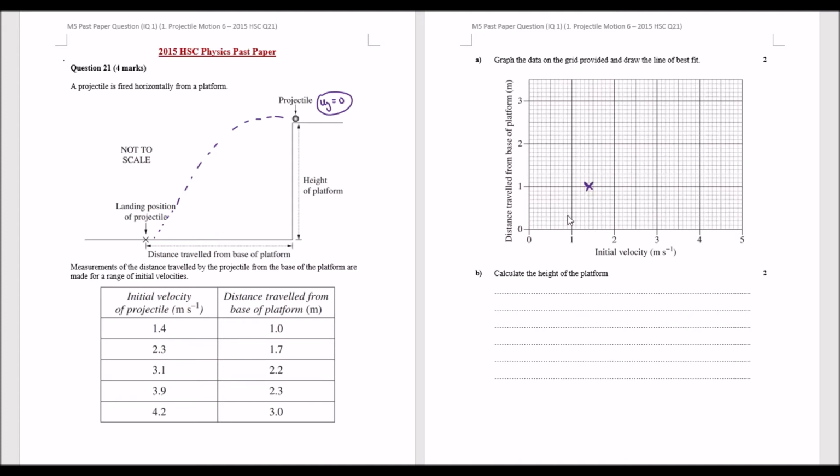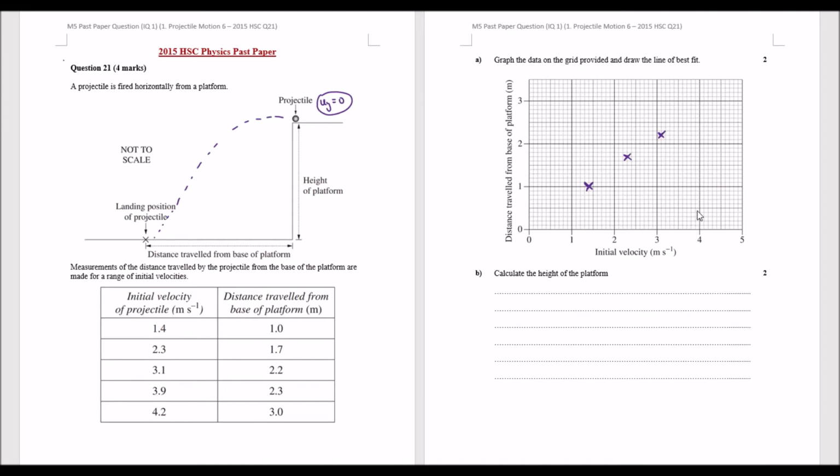Now some of the points I draw here might be a little bit out of position, just because I'm trying to do this on the screen. If you're doing this on paper, it's probably a little bit easier. 2.3, and it goes to 1.7, so roughly around here. We have 3.1, it goes to 2.2, so we have this spot here.